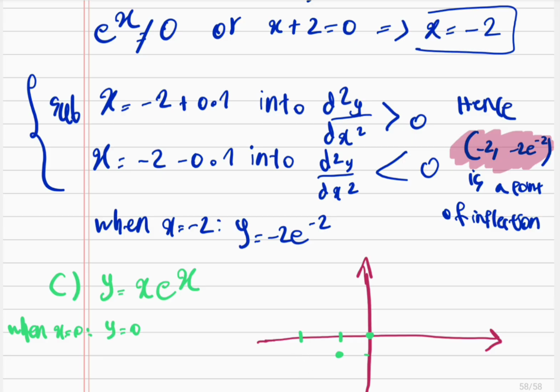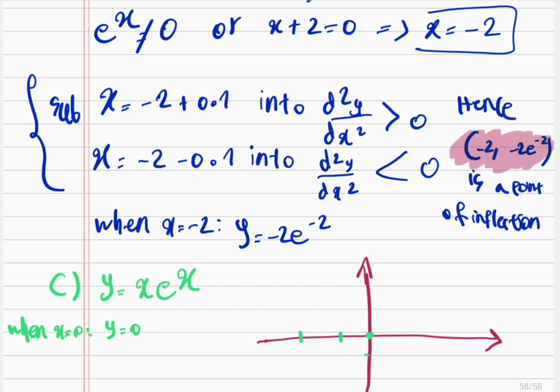Yeah, because -2 times e to the -2. I was confused for a second, because this one, -2 times e to the -2, is actually greater in terms of its negative value. So that's why the stationary point is at a lower position.